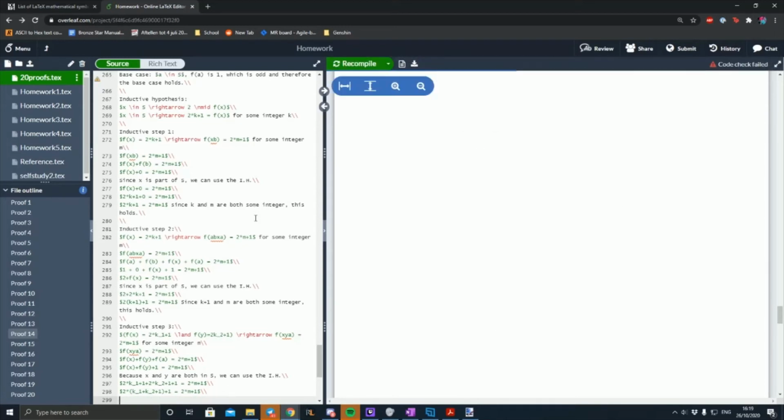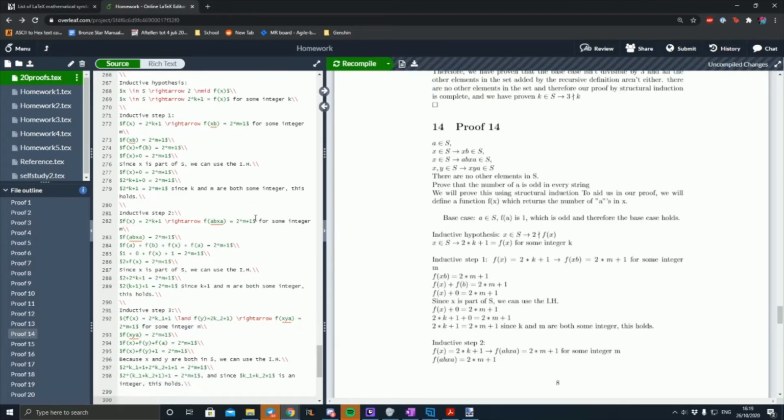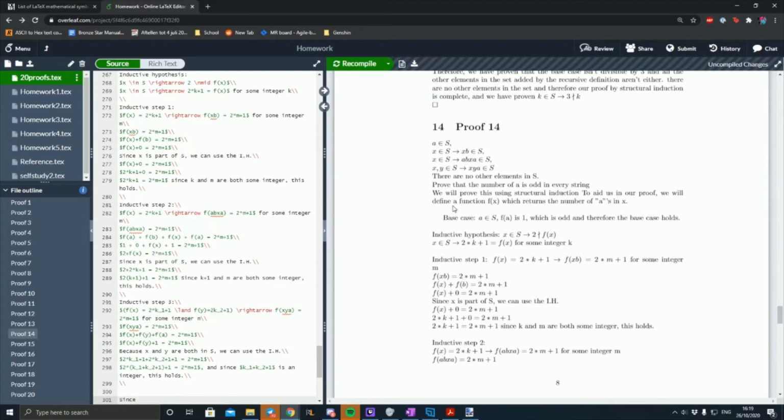And then since k1 plus k2 plus 1 is an integer, this holds. And I think that were all the inductive steps. Oh wait, let me add another step here.